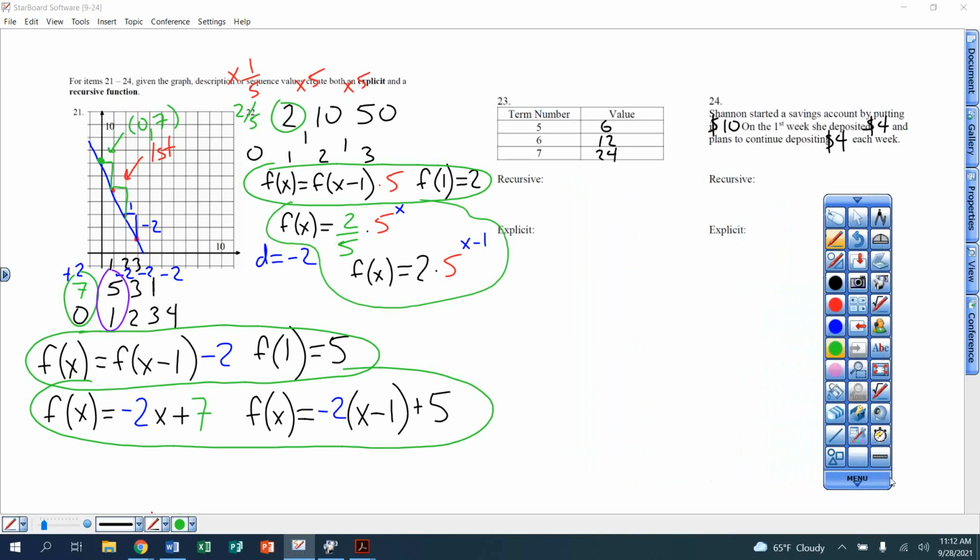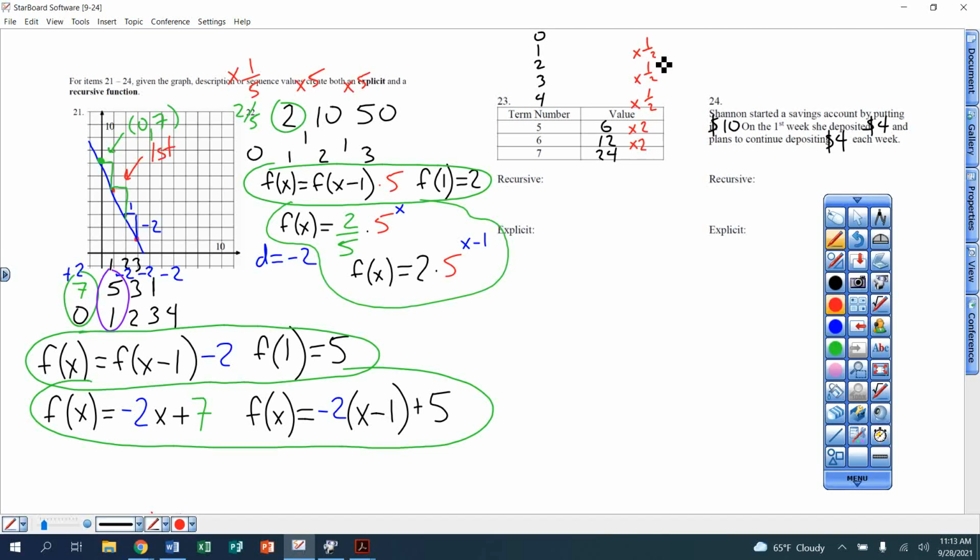Next, for this one you need to backtrack 4, 3, 2, 1 to that all-important 0 term. This looks like I'm timesing by 2. So going up, dividing by 2, or timesing by 1/2.